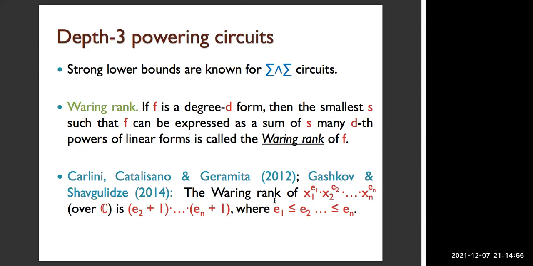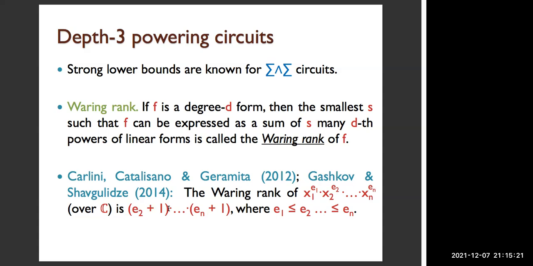And people have shown that the Waring rank of a general monomial, let's say the ordering of the exponents is e1 less than e2 less than ... en, is exactly the product of these quantities, (e2 plus 1) through (en plus 1). So if you plug in all the ei's as 1, then you get basically 2 to the power n minus 1.